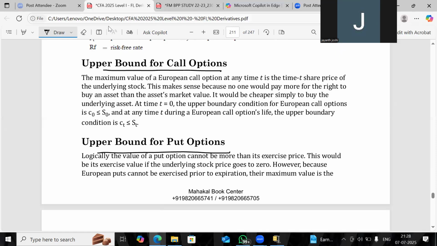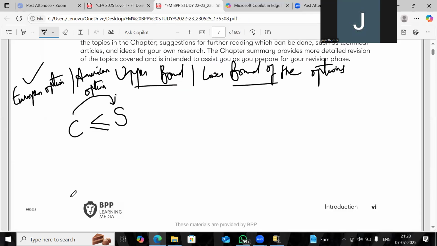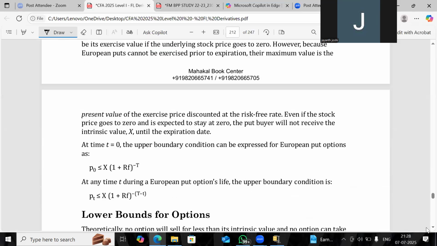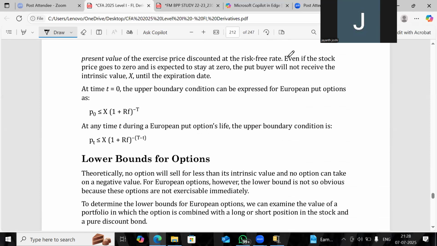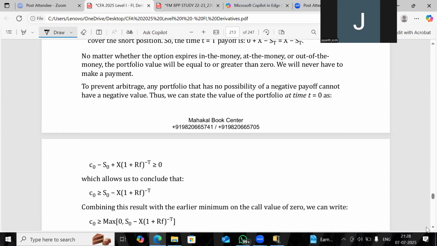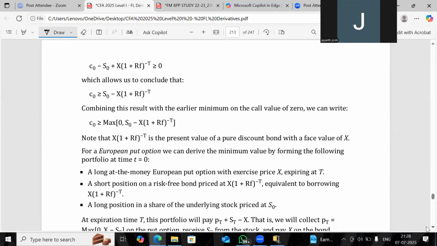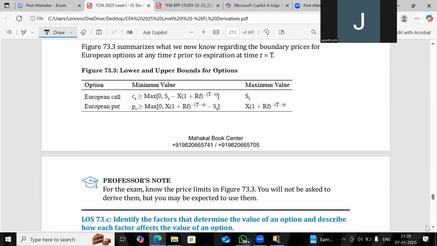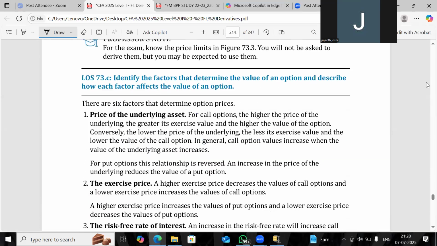Yes, there is an arbitrage opportunity, of course, but in your syllabus, arbitrage exploitation is not given. They have just given the upper bound and lower bound. That's it.